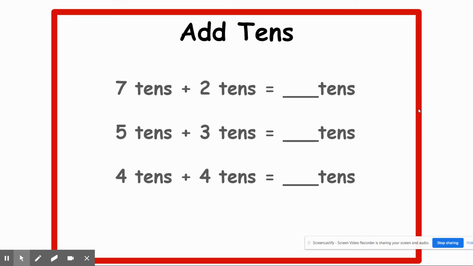Now we have addition sentences using tens. You can pause the video now, and if you need to, use your rods to help you solve the following math sentences. Pause and solve now. And here are your solutions.